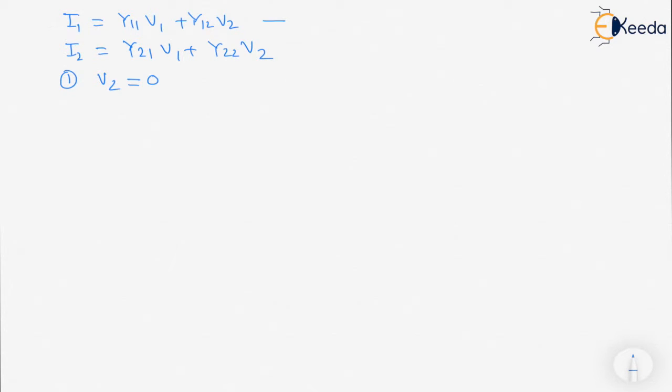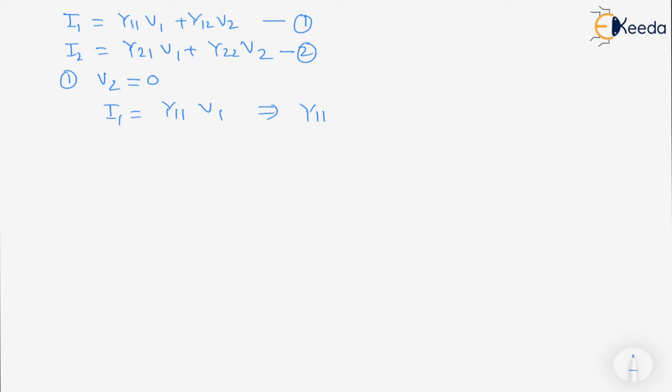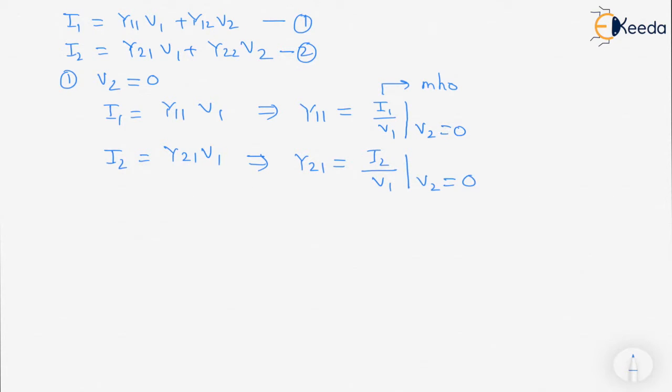Then these two equations can be written as I1 is equal to y11 V1. Y11 can be written as I1 upon V1, whose unit is mho, when V2 is equal to 0. In the same way, we can write I2 is equal to y21 V1, where y21 will be equal to I2 upon V1 when V2 is equal to 0.